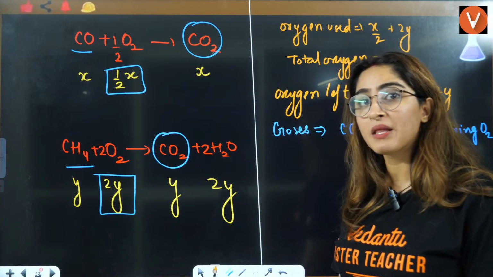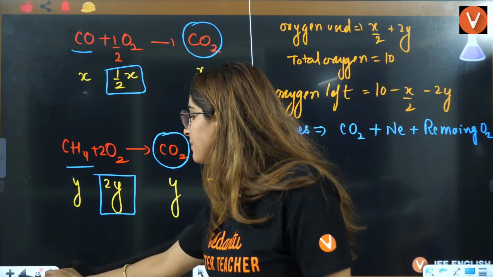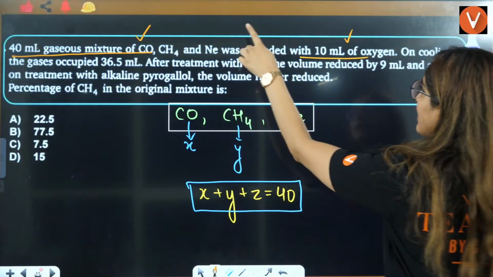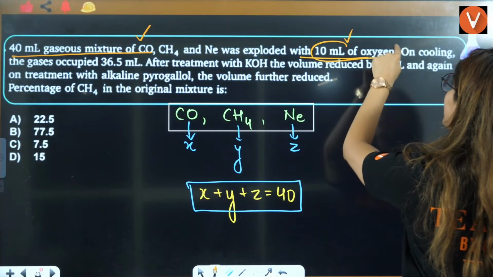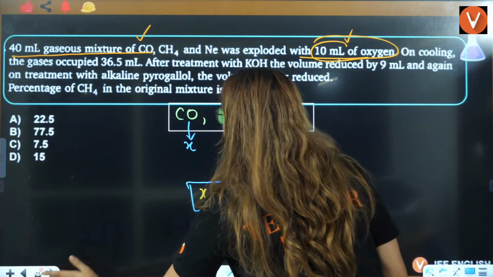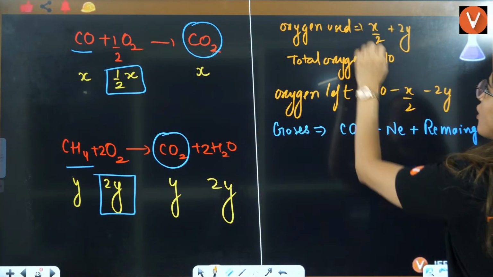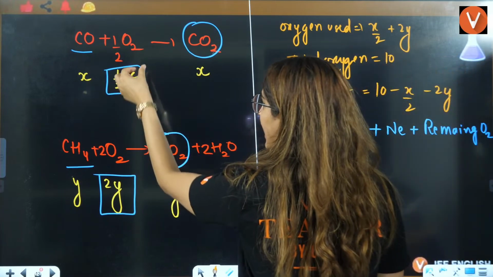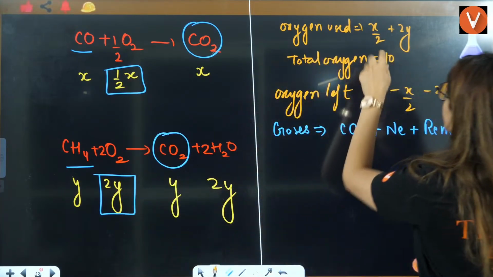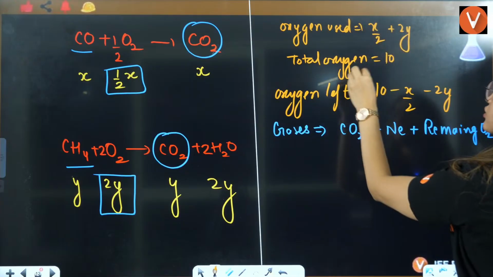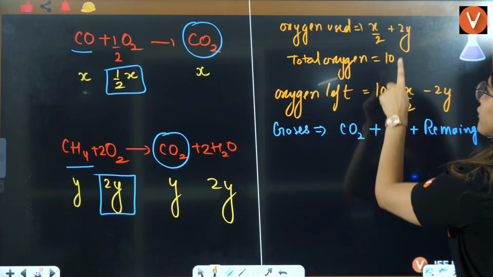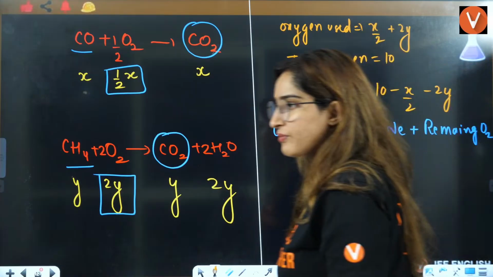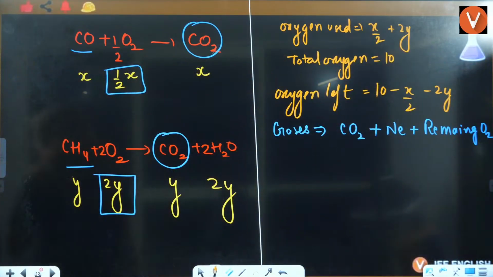Now, the second step they are saying is that it was exploded with 10 milliliter of oxygen. That means the total oxygen is 10. Oxygen used is X by 2 and 2Y. So I have added that oxygen used is this, total volume is this, oxygen left will be 10 minus this. Okay, till here it is clear.